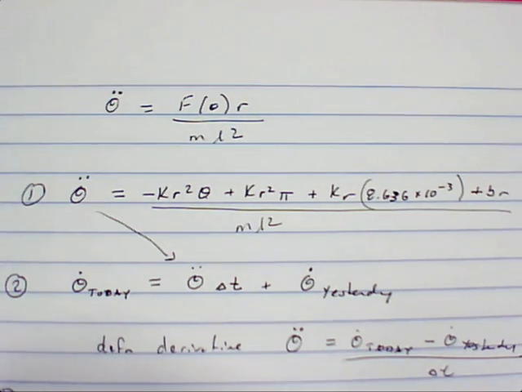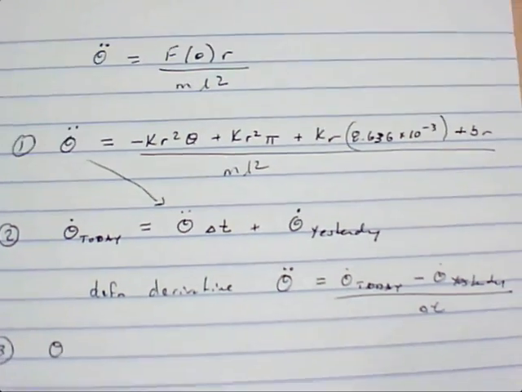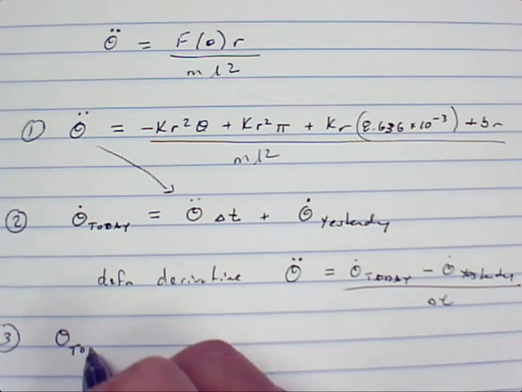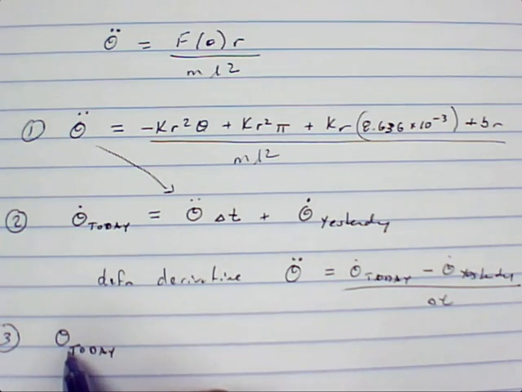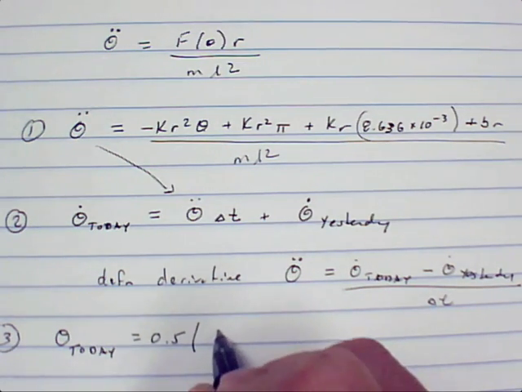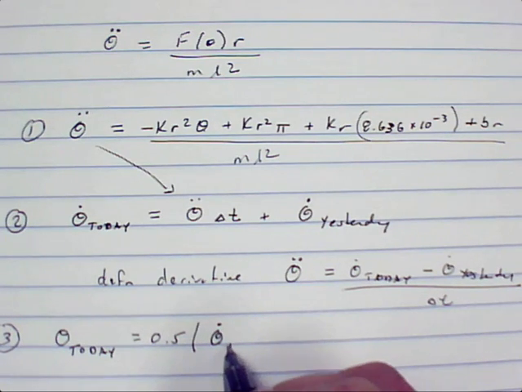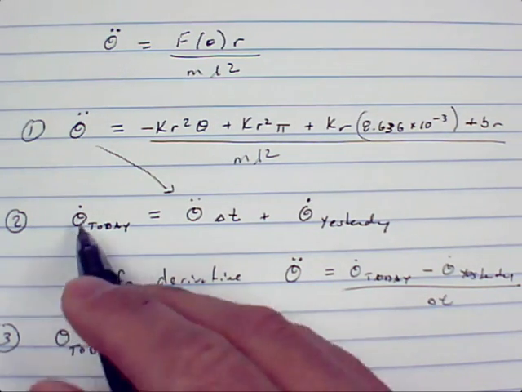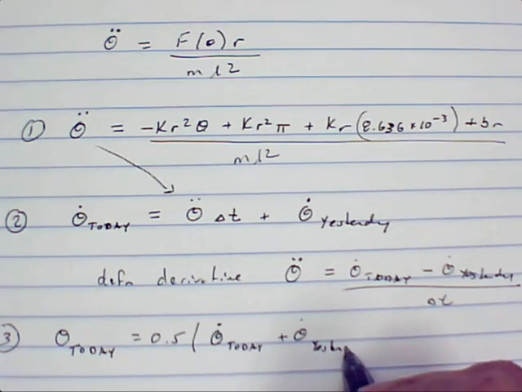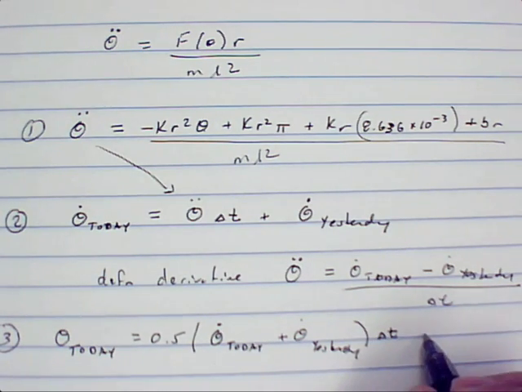Then if I look at my third equation, the angular position today, so this is position, equals a half of my velocity of today, which is calculated in step 2, plus my velocity of yesterday times a delta t plus my position of yesterday.